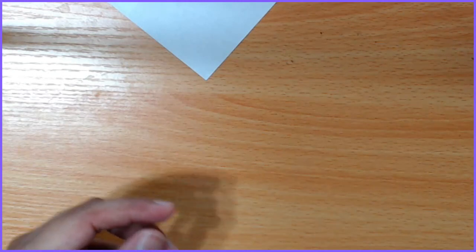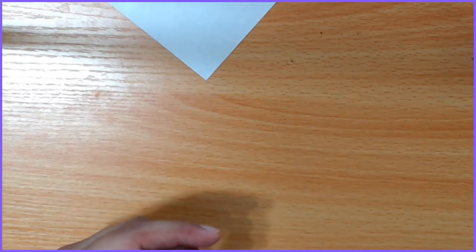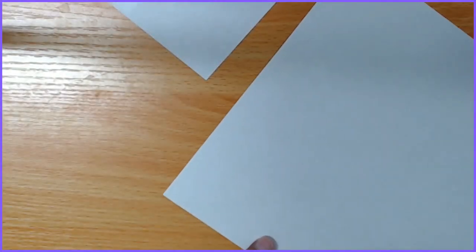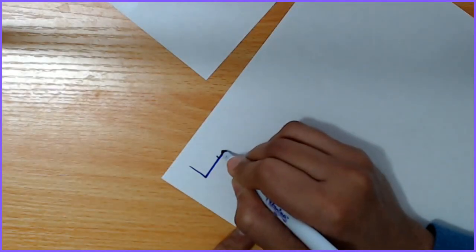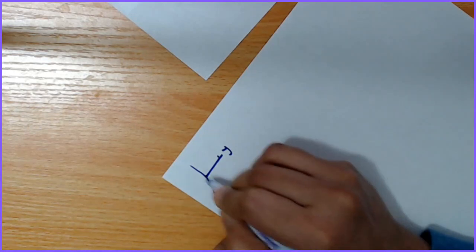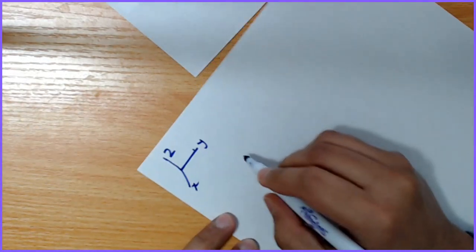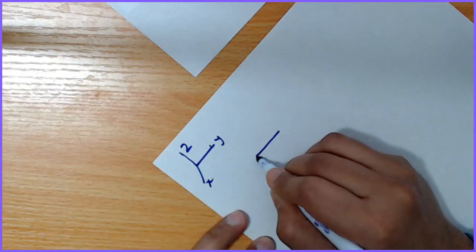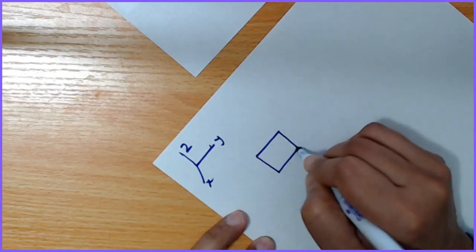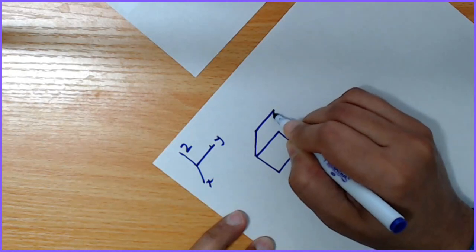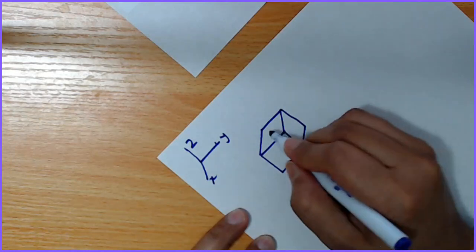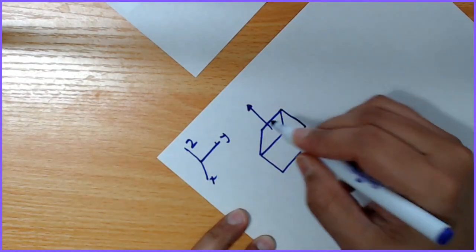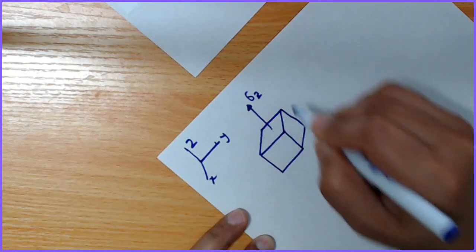so now consider the last stress. The last stress is sigma z. So again, this is my coordinate, this is y, this is x, this is z. This is the element, and sigma z is acting.